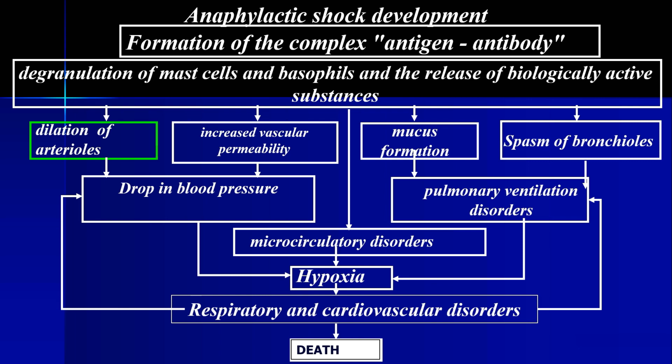Sensitivity develops 10 to 14 days later. Antibodies are formed against the horse serum antigens in the organism of the guinea pig. Hypersensitivity remains for a long time, up to 2 years.